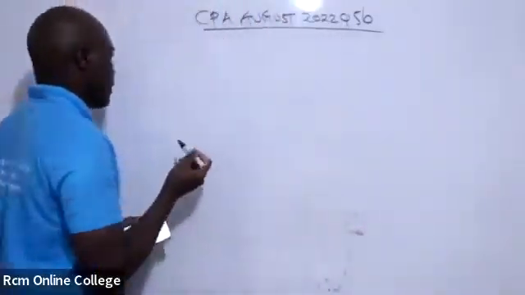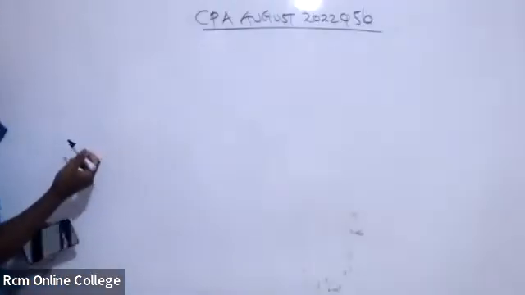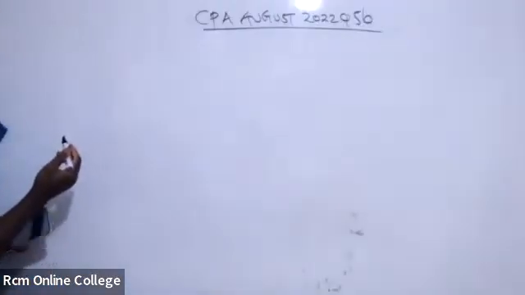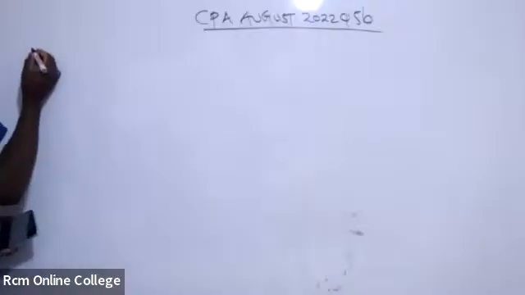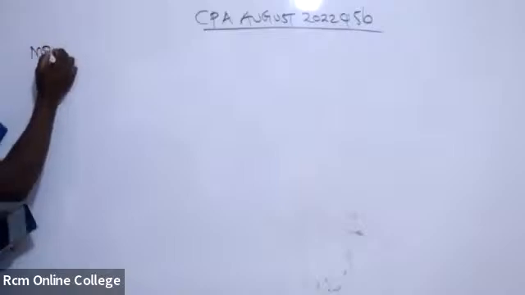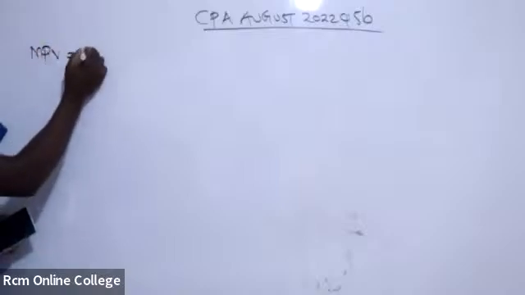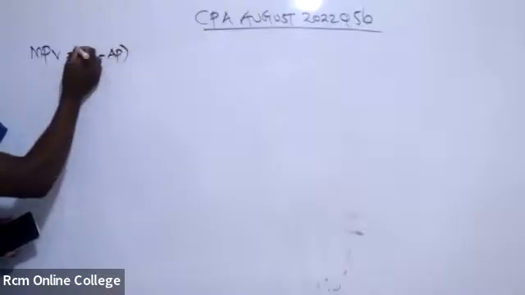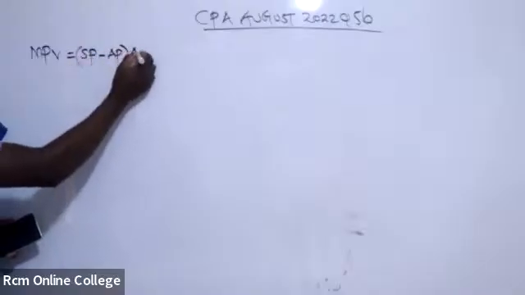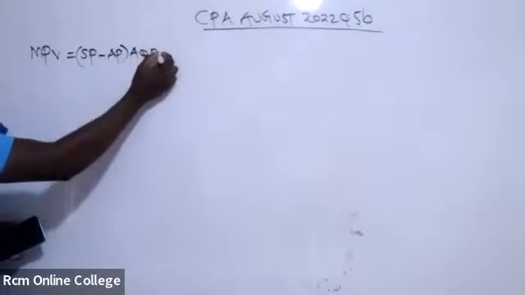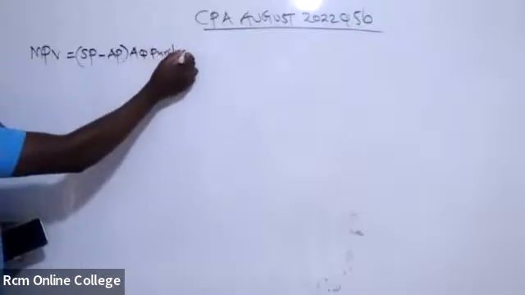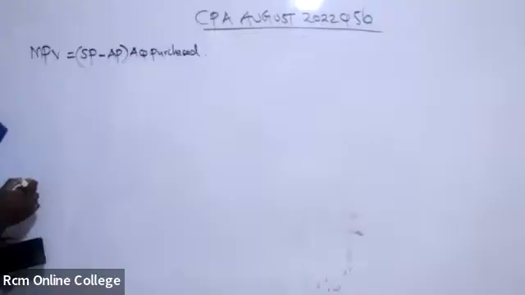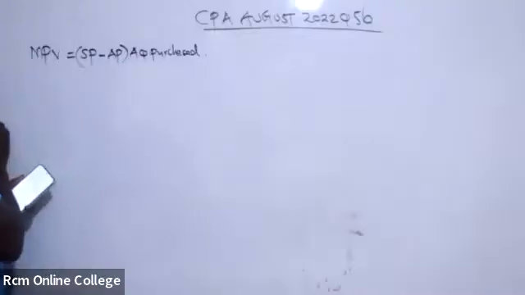So you'll come here and tell us, okay, direct material price variance. Material price variance is equal to the standard price of that raw material minus actual price of that raw material. This should be multiplied by actual quantity purchased. Good.